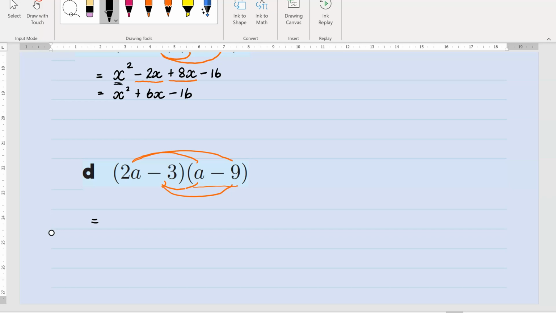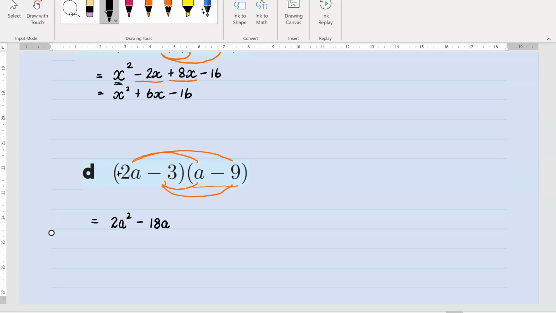So we've got 2a times a, so it's 2a squared, and a times a is a squared. Once again, look in front to the next one. It's a positive times a negative here, so it's minus. And 2a times 9, or 9 lots of 2a, which is 18, and we pop the a there.